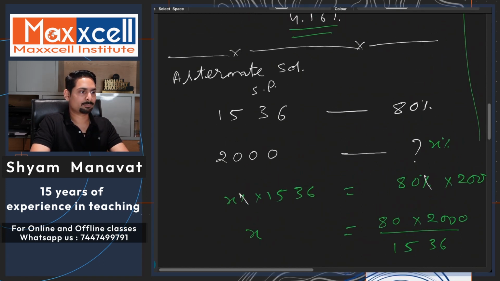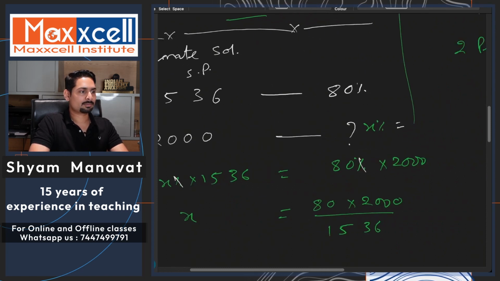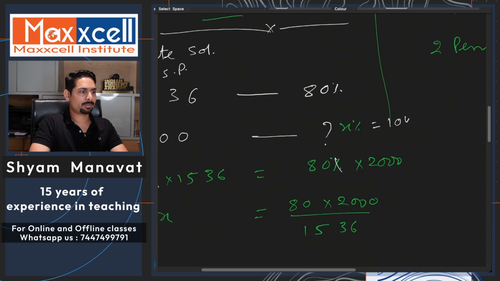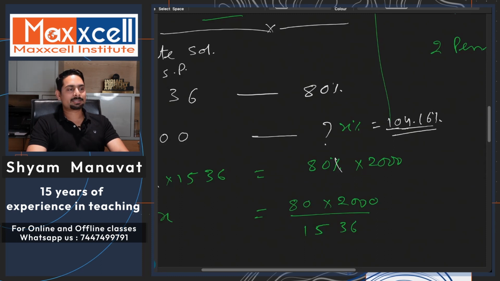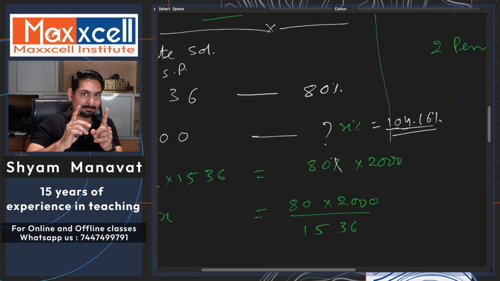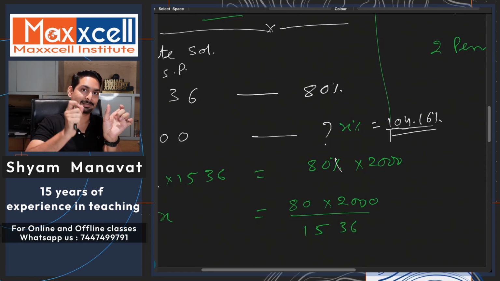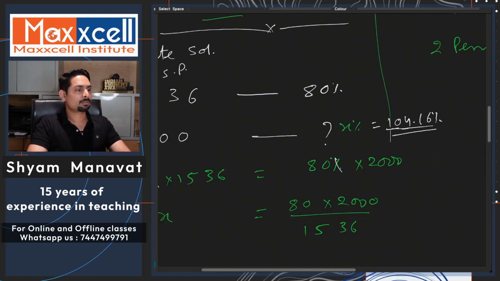If I put it here, this is nothing but 104.16% of the cost price, right? Now, if this is more than 100, then we can clearly see that there is a profit. If there is loss, it would be 100 minus something. If there is profit, then it is 100 plus something, right?